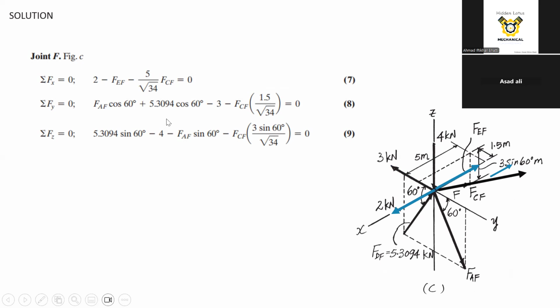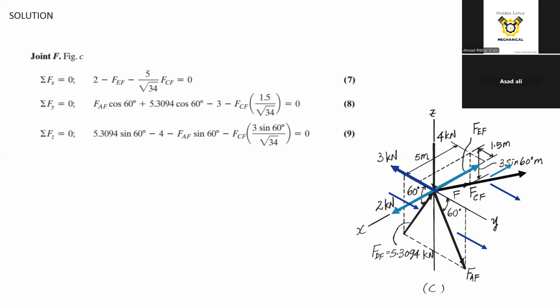And if we apply forces in the vertical direction, we have a 3 kilonewton force. And in the vertical direction, we get a force of 5.3094 multiplied by cos 60 degrees, because you see, the 60 degrees angle is with the y-axis, so we are using the cos component.